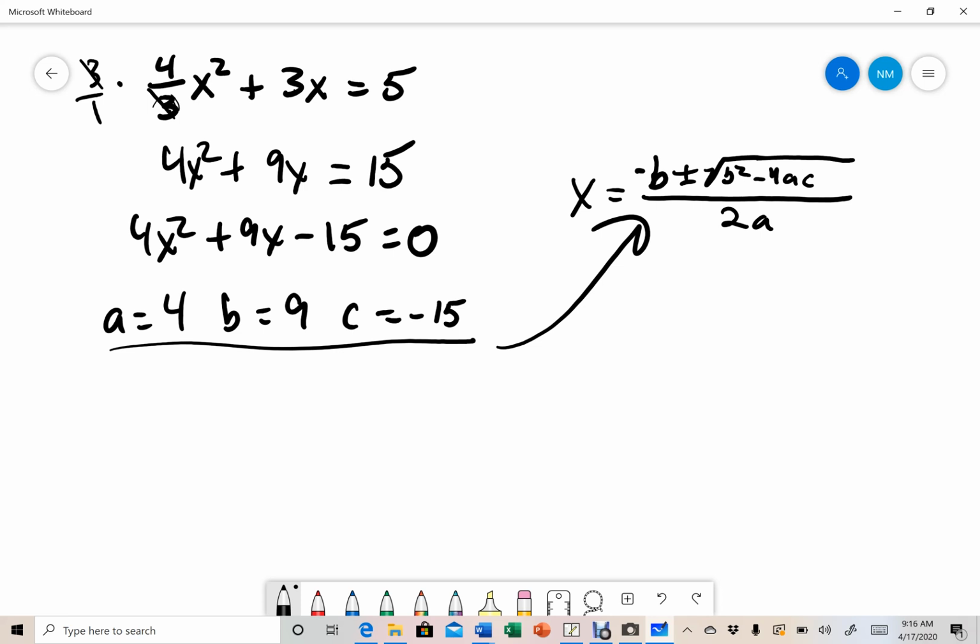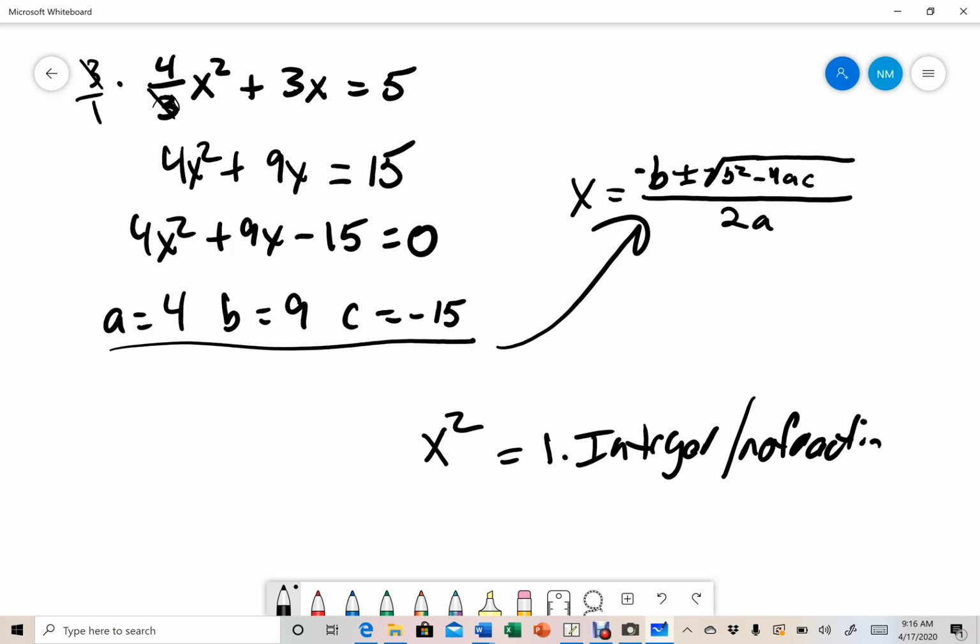Basically the idea here is that first term, the term that goes with our x, has to be, number 1, an integer, meaning no fractions. No fractions for our first term. And then number 2, it needs to be a positive number.